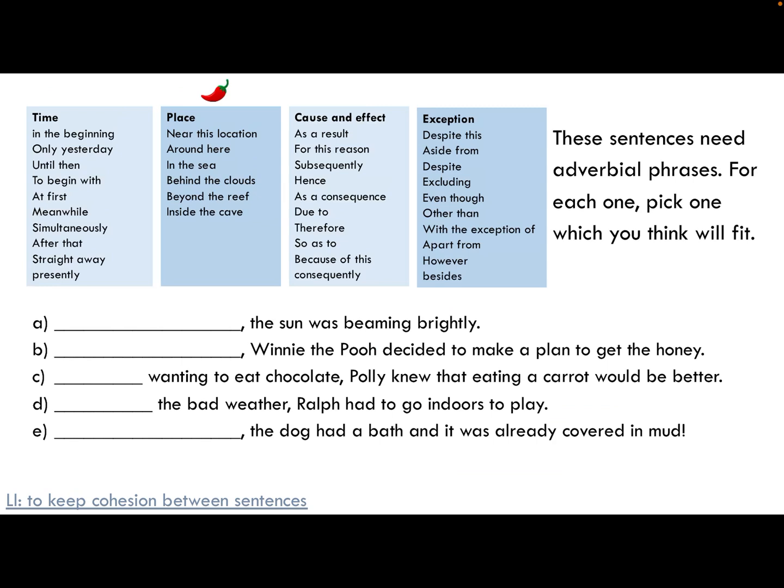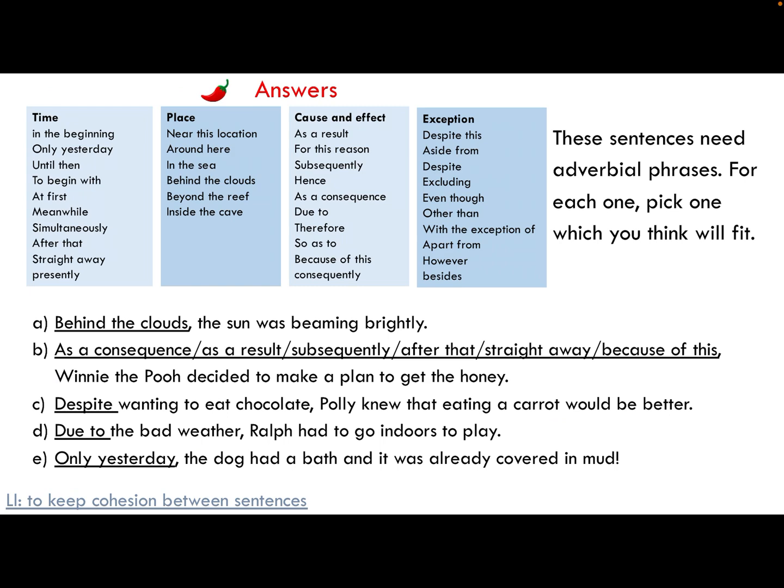So our activity today, for our one chili, what I want you to do is take these sentences A, B, C, D and E, and then I want you to put an adverbial phrase, a fronted adverbial, that you think will fit. So we've got an example of some at the top. So write the sentence out with the adverbial and remember that comma where it's needed.